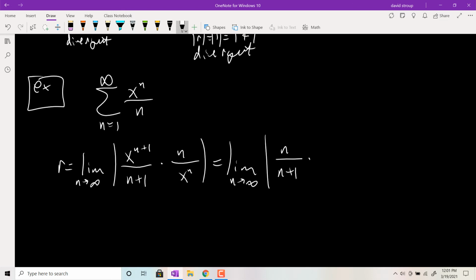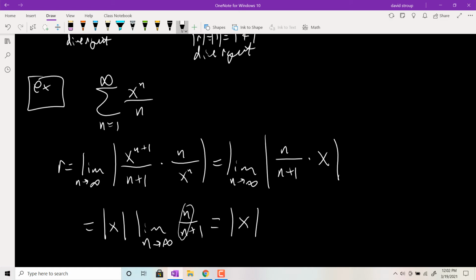That'll be x to the n plus 1 minus n, which should just be x. Then we could factor out the absolute value of x, and we're left with the limit of n over n plus 1, which we could just look at and know goes to 1, I hope. You just say n over n is 1, and the limit of 1 is 1. So this will equal the absolute value of x.